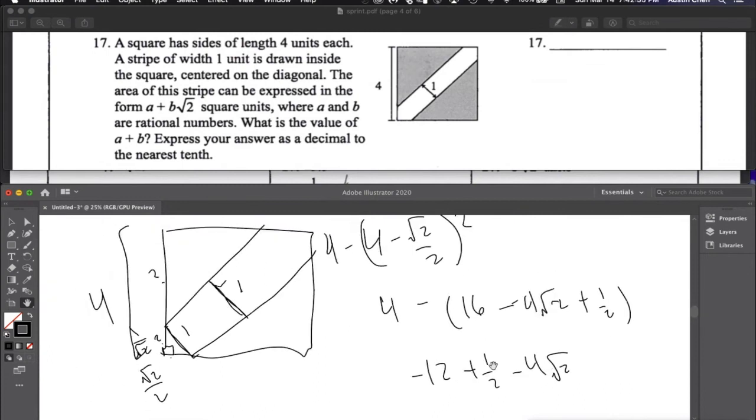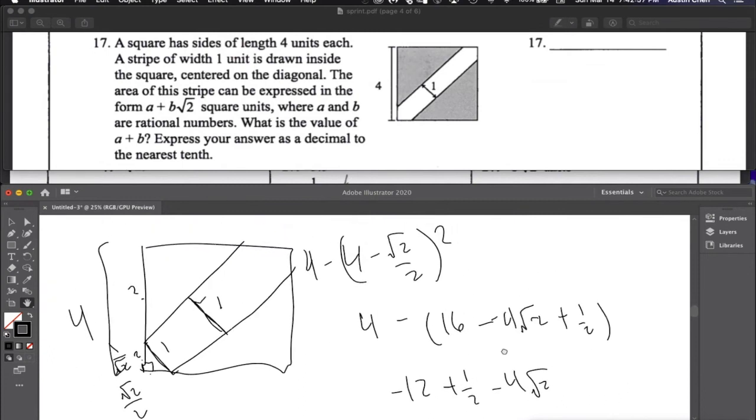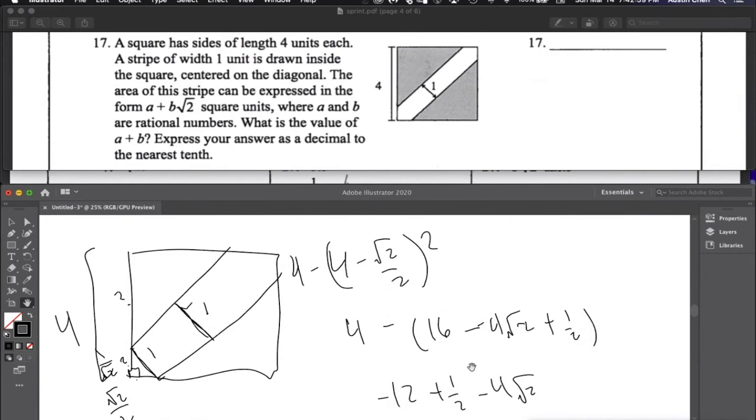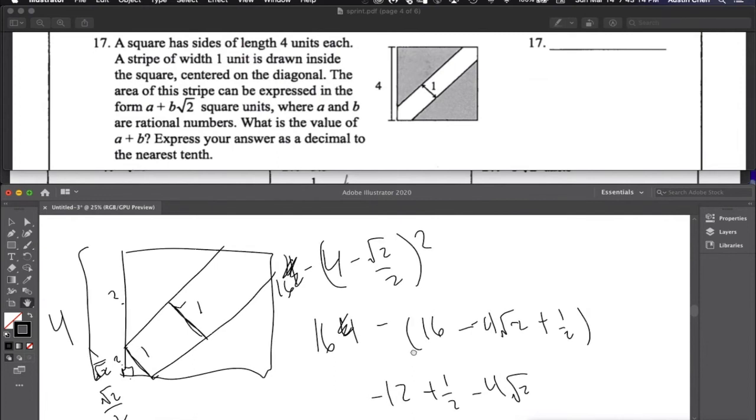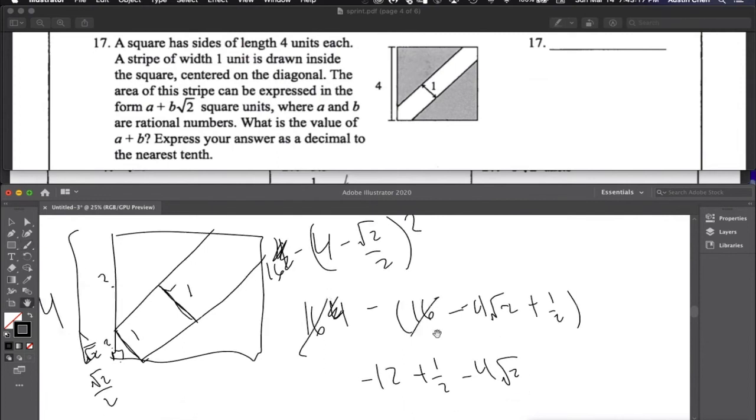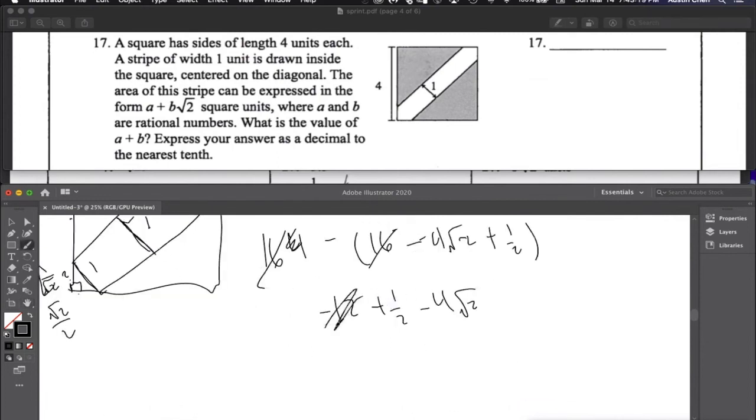Wait, did I do this correctly? Let's see. 4 minus root 2 over 2 squared? Oh, it should be minus 16. The area of the square is 16. Yeah, 16. Okay, so these 16s cancel out. Then we have negative 1/2 plus 4 root 2.